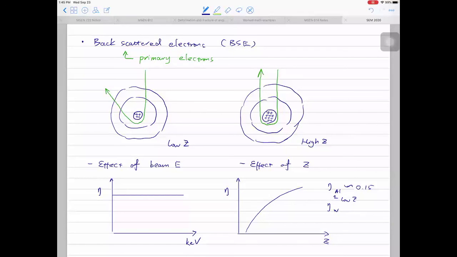For tungsten, eta is about 0.5. So tungsten is very heavy, so it's high Z. And also it's at the bottom of the periodic table. For tungsten, every 100 electrons you throw in the material, half of them will swing back. So those are just two examples.